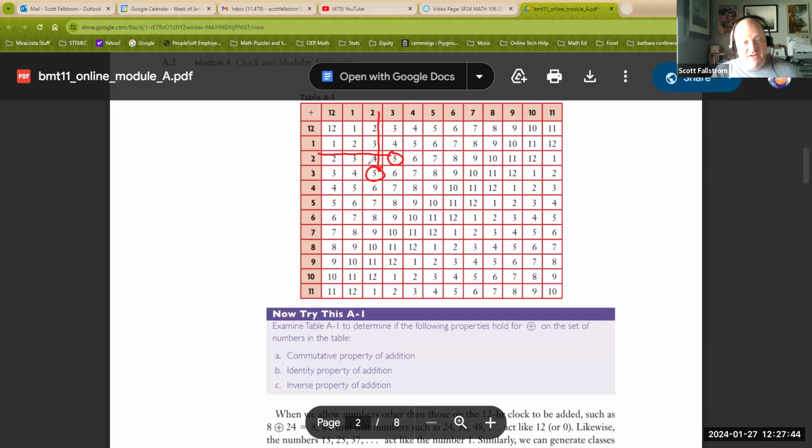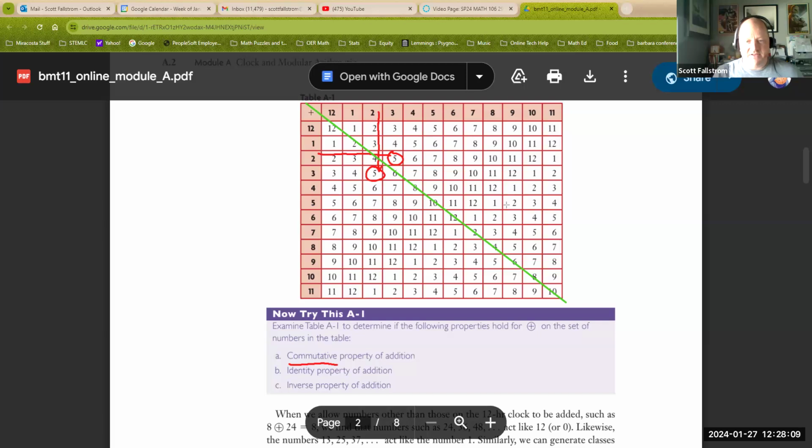Now, visually in this table, if you're looking for the commutative property, because the order doesn't matter, you should be able to see symmetry. And that symmetry should be right down this line. The diagonal goes all the way through. So if you can kind of flip the table over and the entries match, then you're good. You have the commutative property holding.